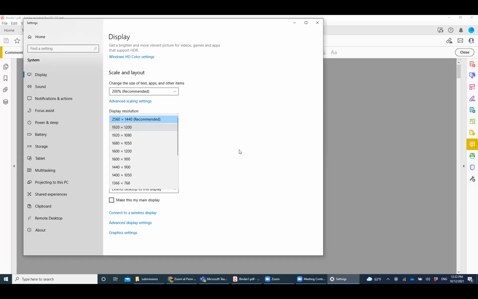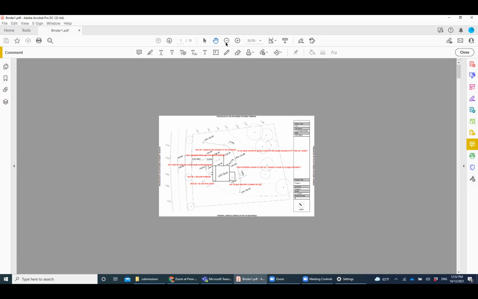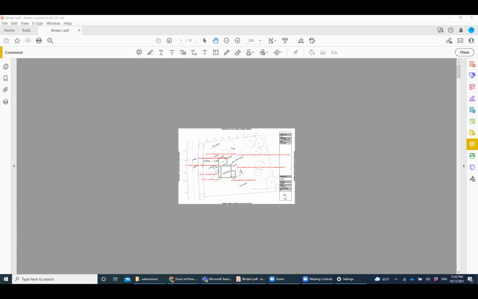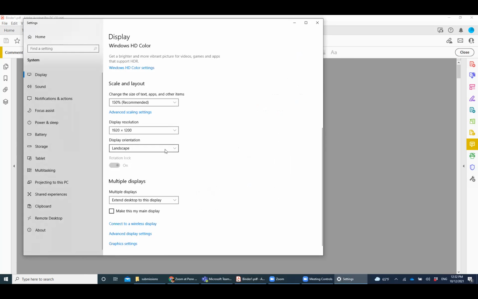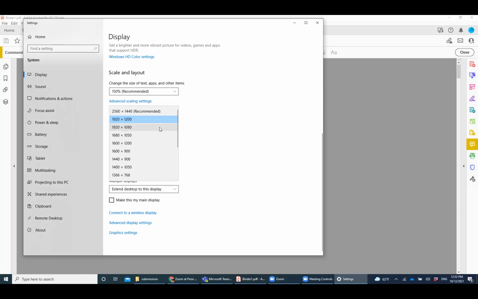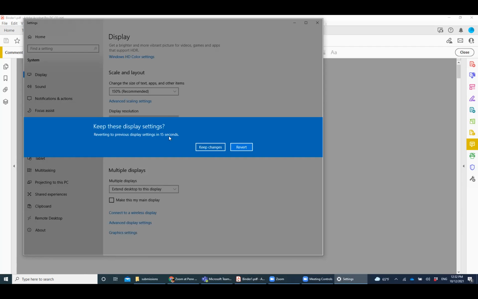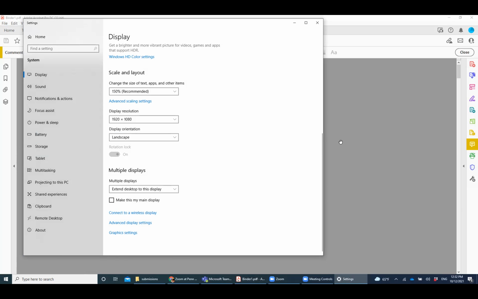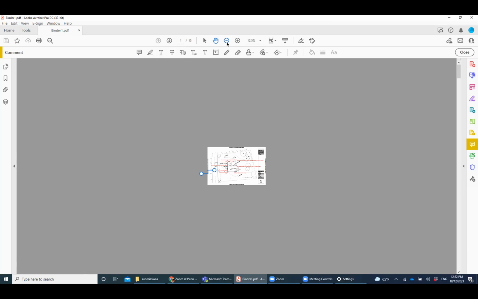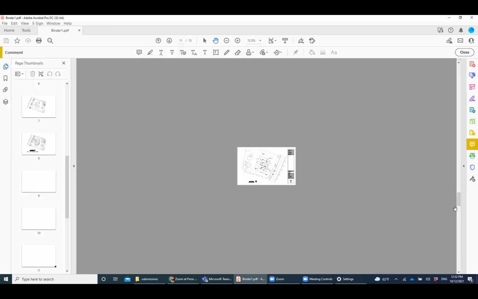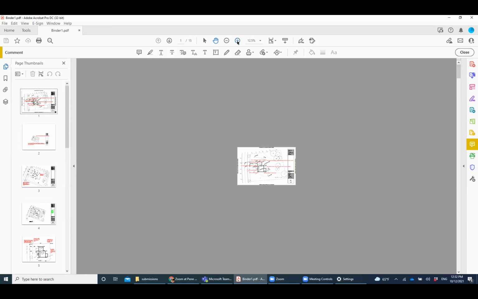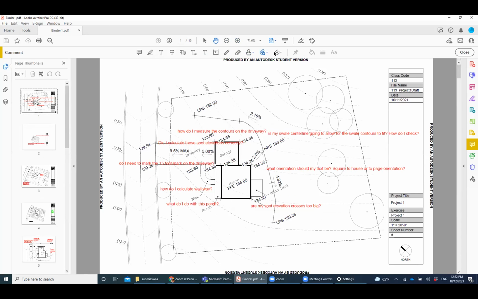Let me try one thing and see if it works better. Oh, still not accurate. What did Stuart do last time to make this work? Okay. I guess I'll stay with the mouse today then. This is very unpredictable. Sometimes it works, sometimes it doesn't. Okay, let's not get thrown off by that.